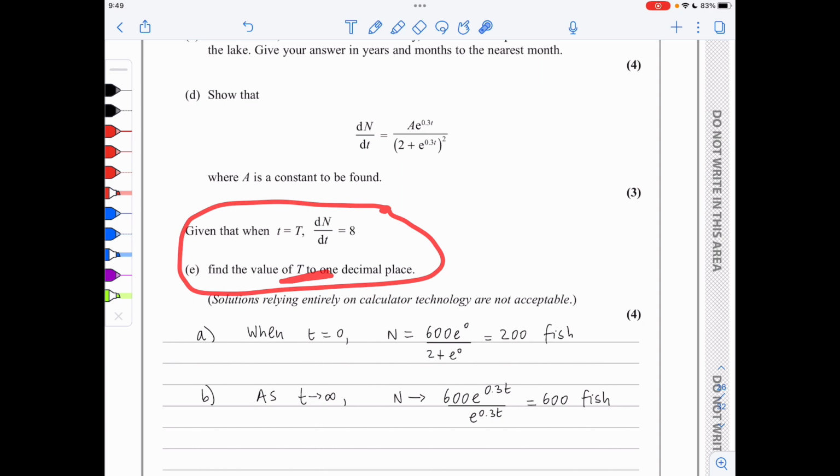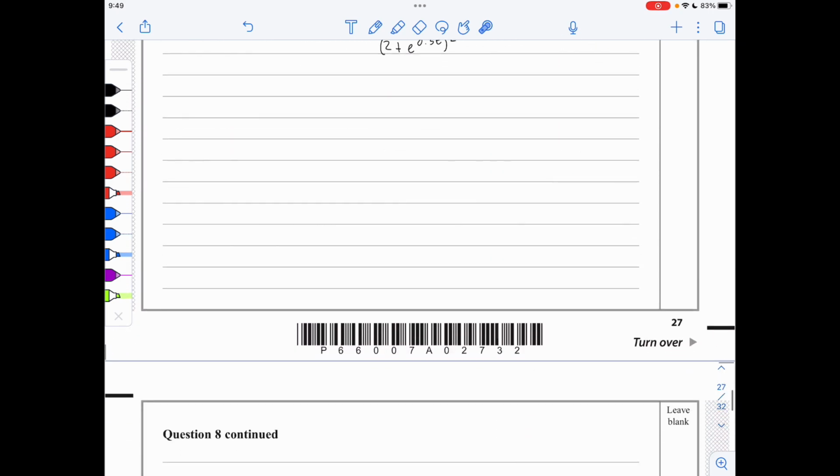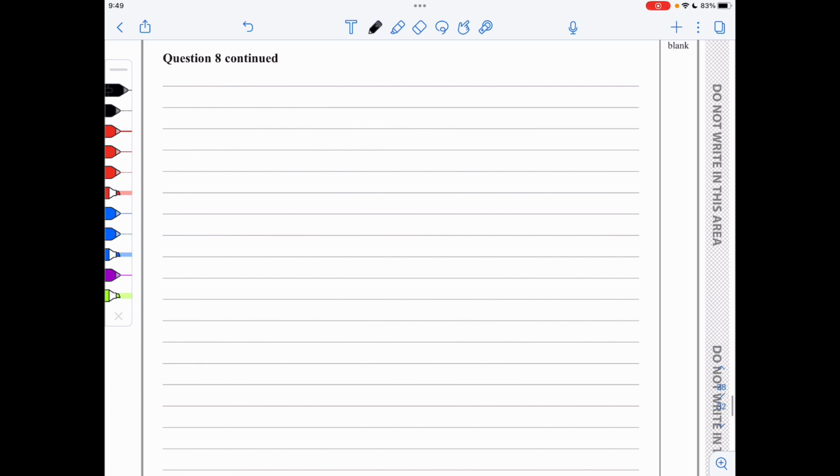In the final part, when t is capital T, the dN/dt is 8, and we need to find the value of capital T to 1 dp. So we are asked, in other words, to solve the expression we just found for the derivative. So 360 e to the 0.3 capital T over 2 plus e to the 0.3 capital T squared is equal to 8.